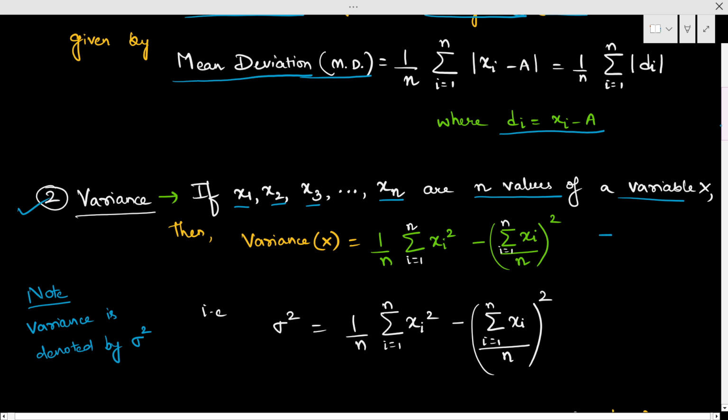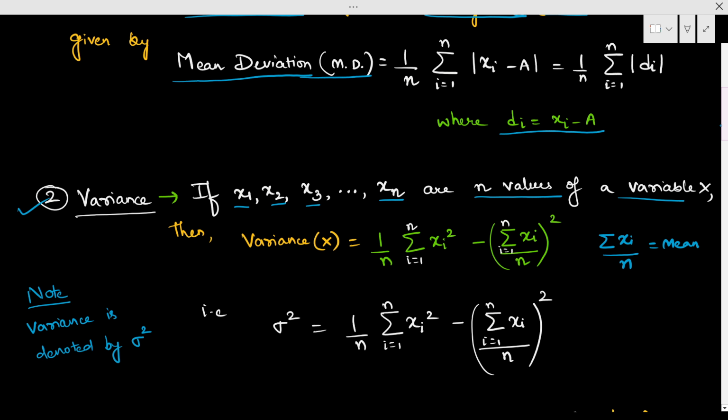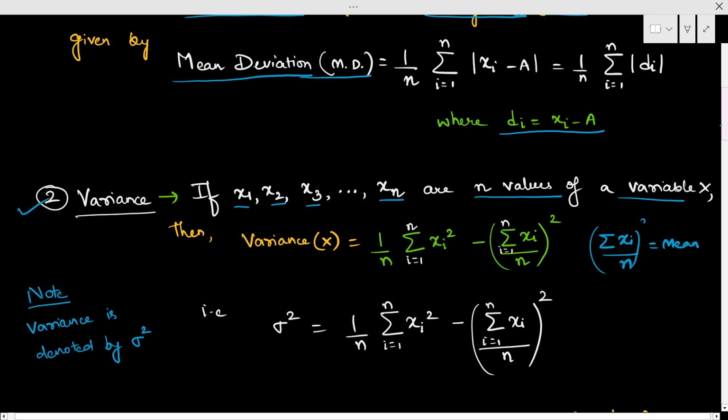Now we know summation xi by n is our mean, right? So this variance is basically 1 by n summation xi square minus mean square, right? This square means mean square, right?